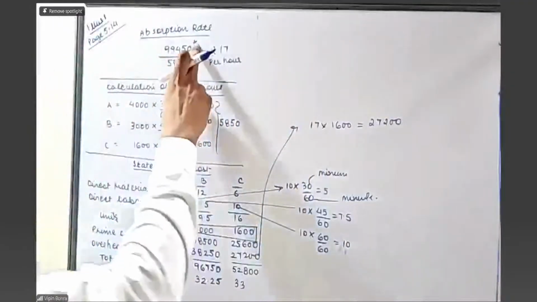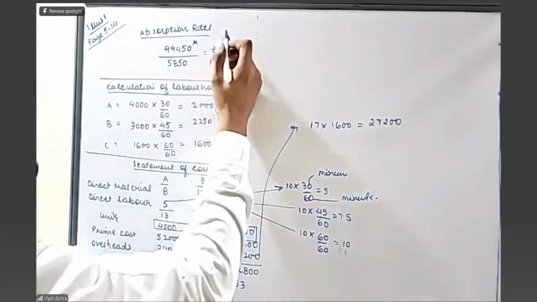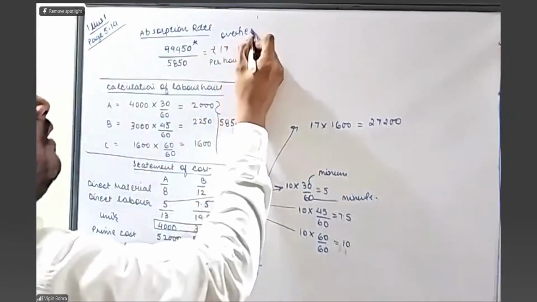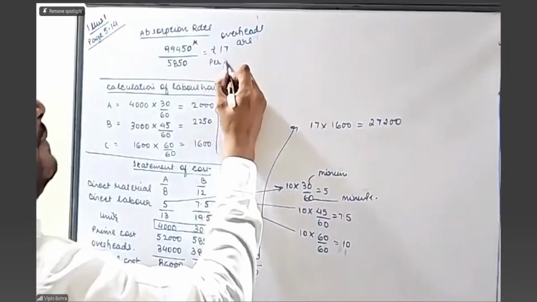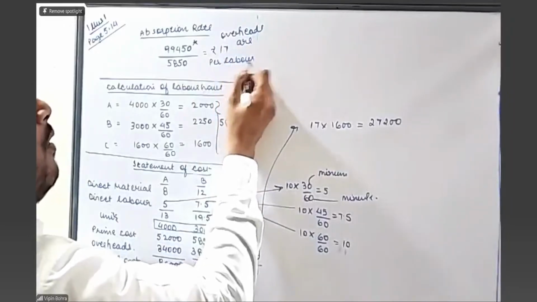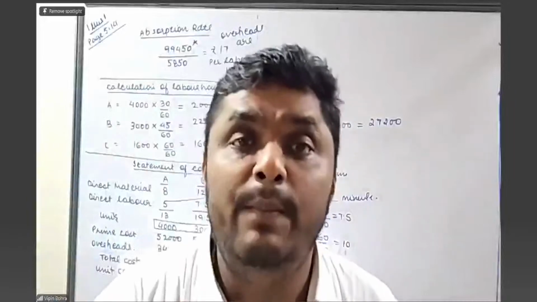So these were my total overheads and these were my total labor hours. So how much are my overheads? Rupees 17 per labor hour.